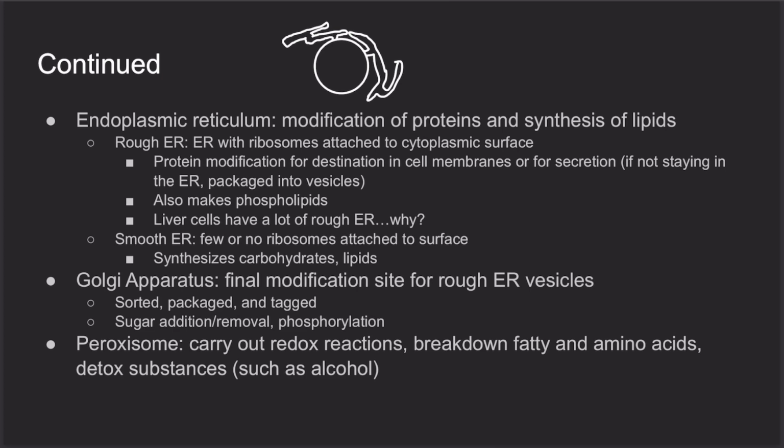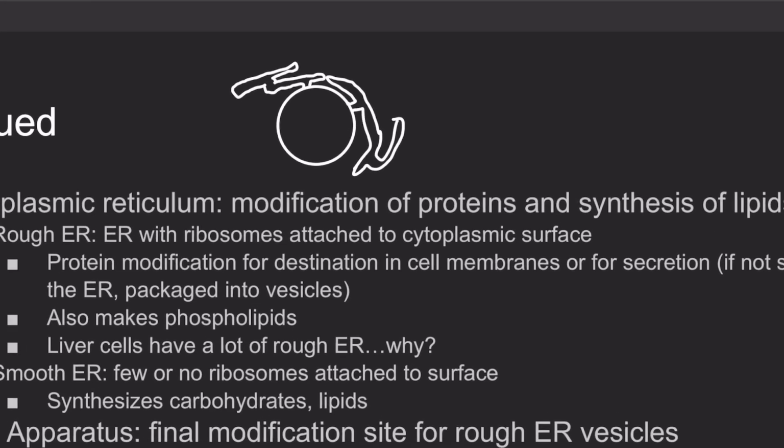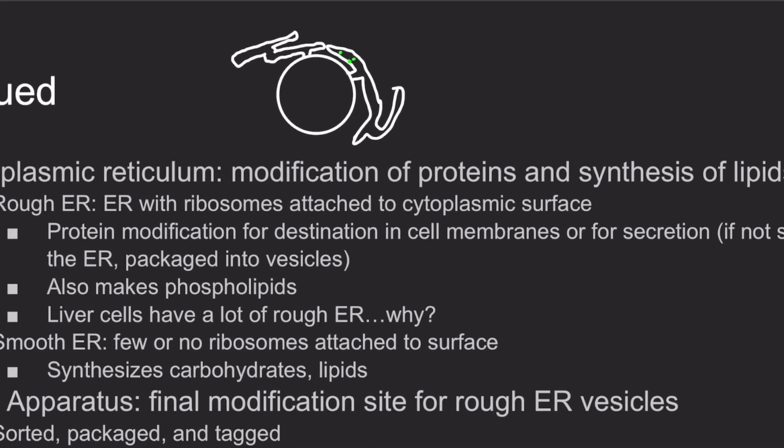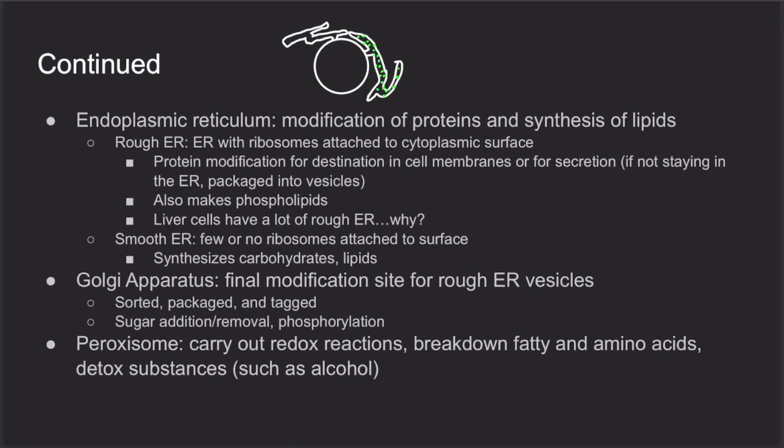What separates the rough ER from the ER is the presence of ribosomes. So they will just kind of dot around. There we go. So we'd call this one the rough ER, and then we call this one over here just the smooth ER.